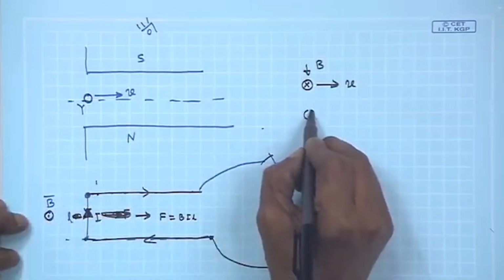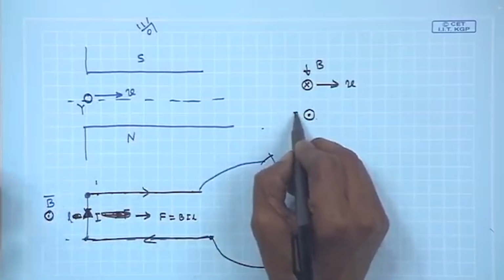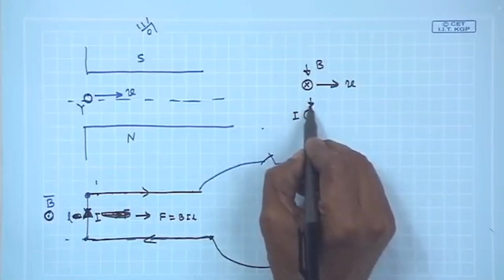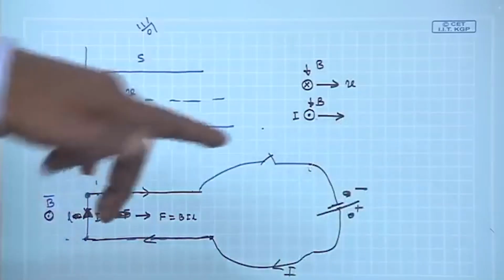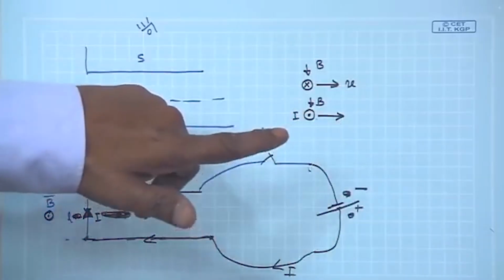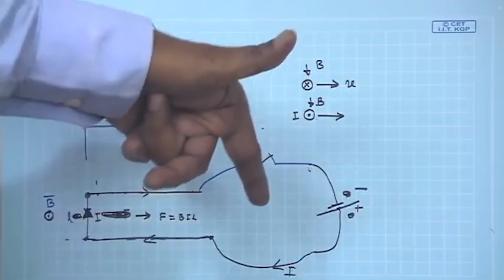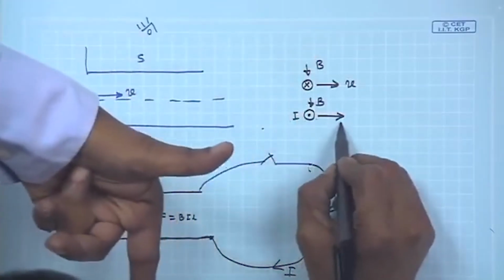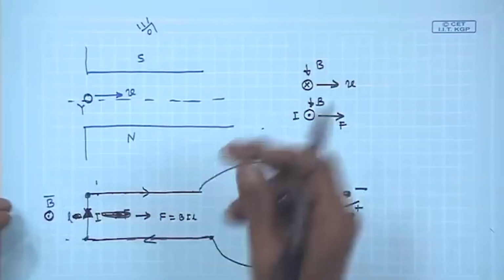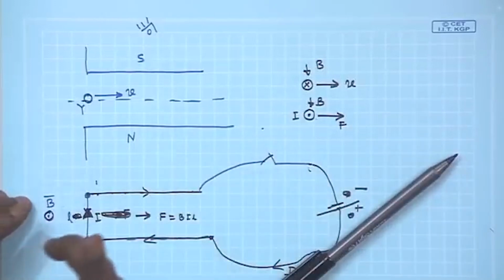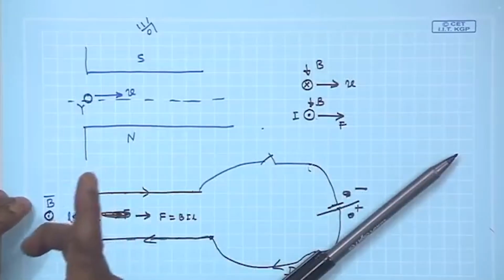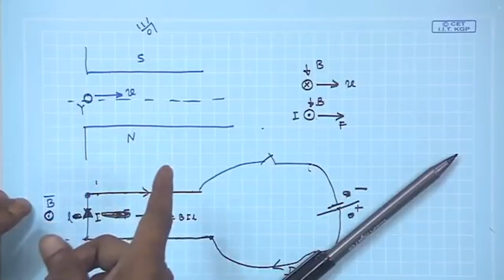And if you have a conductor carrying some current I in this direction, and if it is having a B like this, then it will experience a force, the value of which I will get from the left hand rule. So, B I L, this is the direction of the force. And so, in this lecture, for a single conductor moving in a magnetic field, we have discussed what the induced voltage will be, and how to decide the polarity of the voltage.